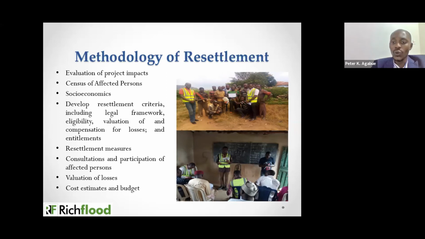And as we try to see the environmental impact, it is also very important to consider the social impact as a result of these resettlement activities. So it is advised that where impacts can be avoided, impacts should be avoided as much as possible.